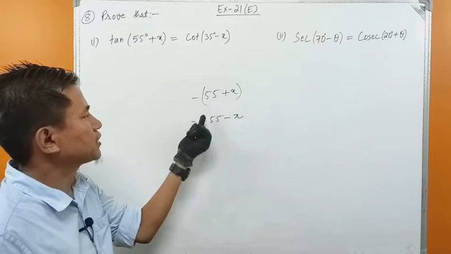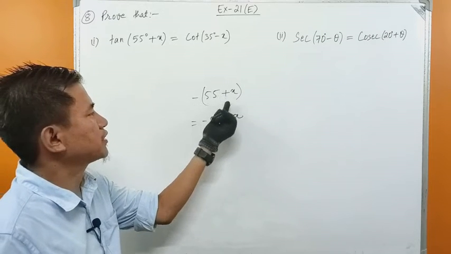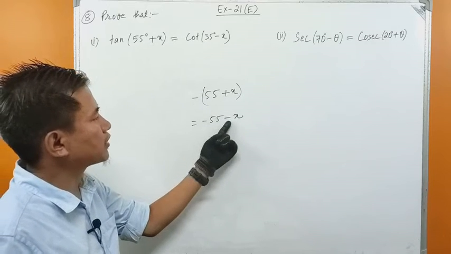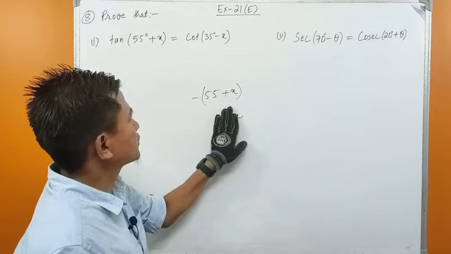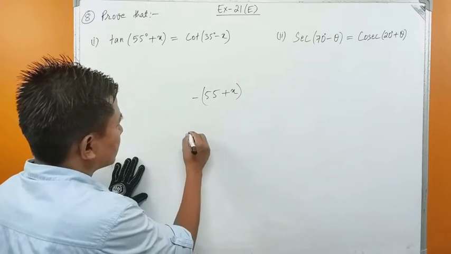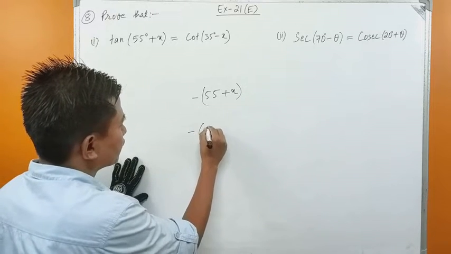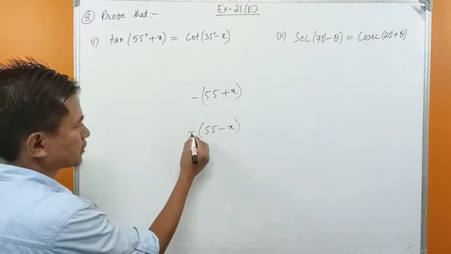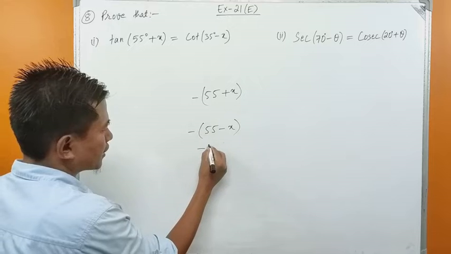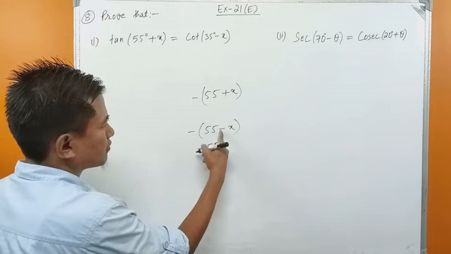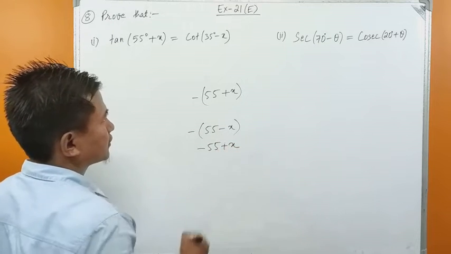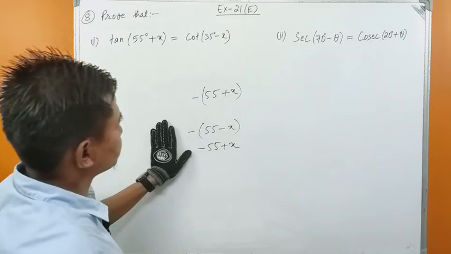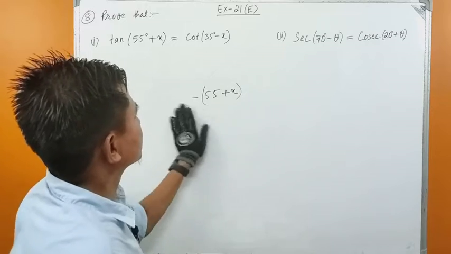But we have plus x here, so we need plus x. That means we must multiply minus (55 minus x). If we do this, minus into plus is minus 55, and minus into minus is plus x. We get this plus x here, isn't it?